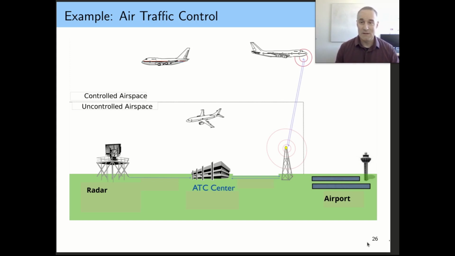You have lots of planes flying around in the sky. Some are in controlled airspace, right? They're either at an altitude where they can potentially interact poorly with other aircraft, and particularly at lower altitudes around an airport where they're landing or taking off. Those are particularly critical areas, quite obviously.